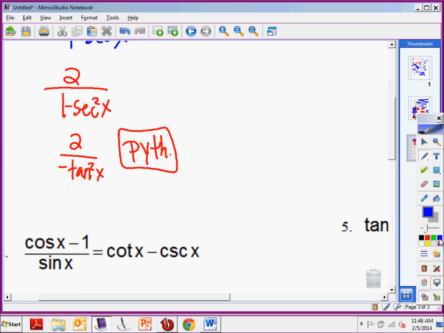So I think for some people it's hard to visualize that this 2 and this negative can automatically be separated. They can. It doesn't matter if your negative is in the numerator or in the denominator, because as long as there's only one negative, the whole problem is negative. So I can separate that negative and that 2. And when I separate them, I'm just left with my trig value, which is 1 over tangent.